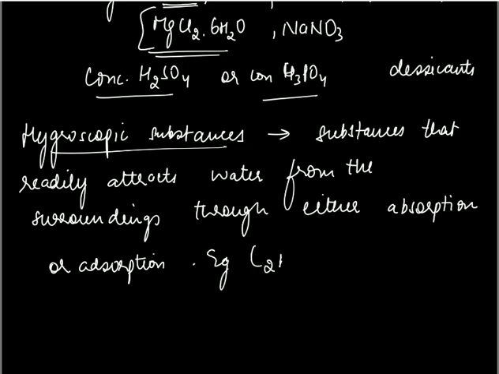So an example is ethanol, C2H5OH. We can add concentrated H2SO4 also in this, and we can add concentrated NaOH also in this.